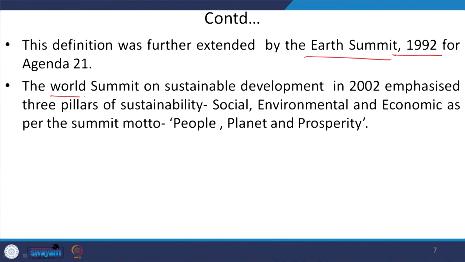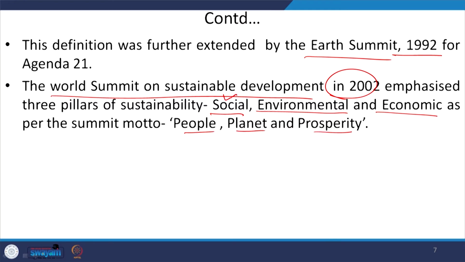So, again, the World Summit on Sustainable Development in 2002 emphasized three different parameters which are called the three pillars of sustainability, taking into account social sustainability, environmental sustainability and economic sustainability, based on the motto of the summit, that is people, planet and prosperity.